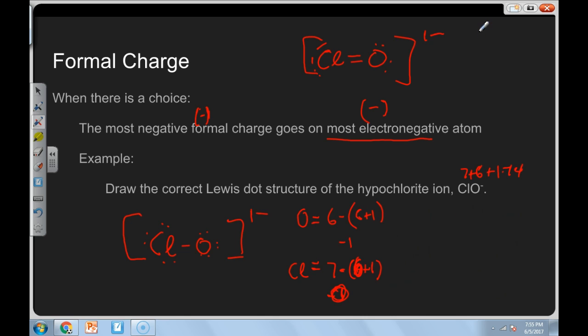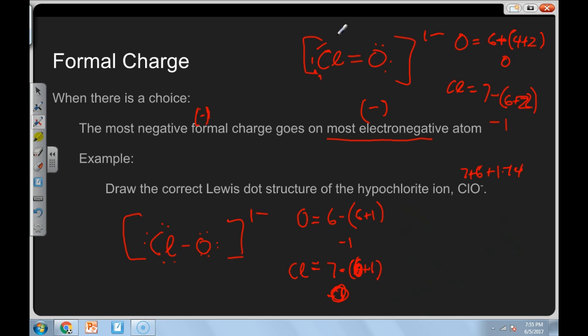Okay, so this oxygen has 6 minus 4 plus 2, so that now has a formal charge of 0. And then chlorine in this structure has 7 minus 6 plus 2, which is a -1.